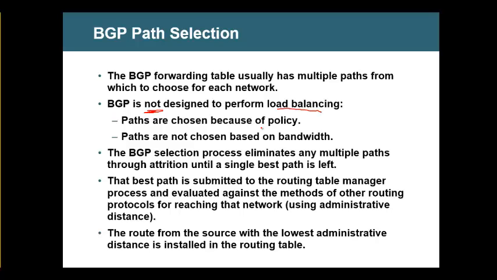It will find one good reason to say this is better than that. All look the same, but one reason, BGP will say one reason and say for this reason I will not use that path, I will use only this path.